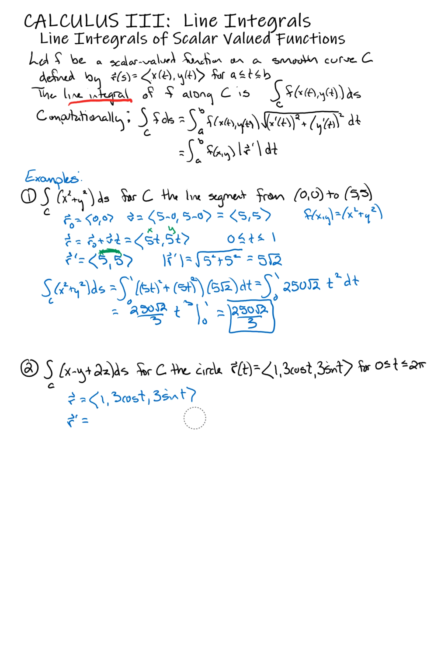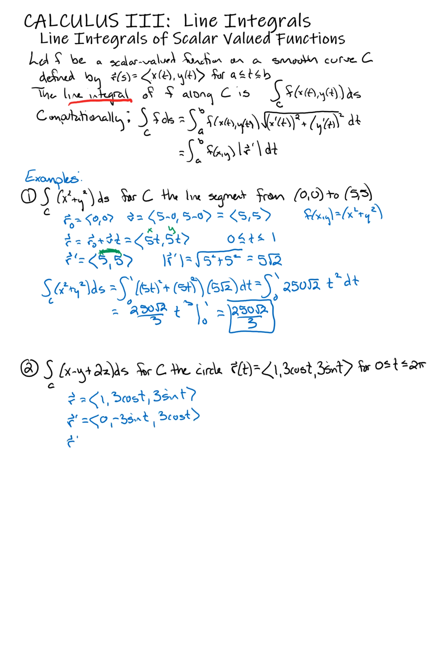I just need to find the derivative before I find the magnitude. The derivative here is 0, negative 3 sine t, and positive 3 cosine t.